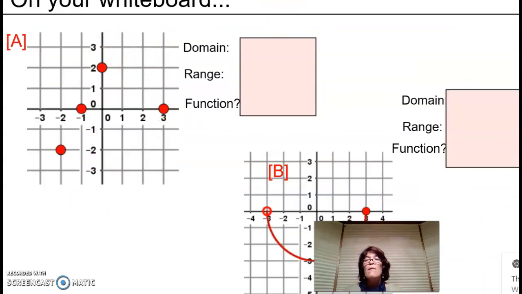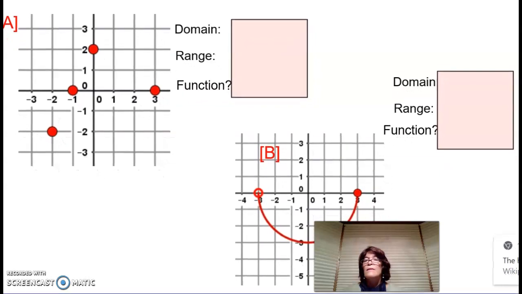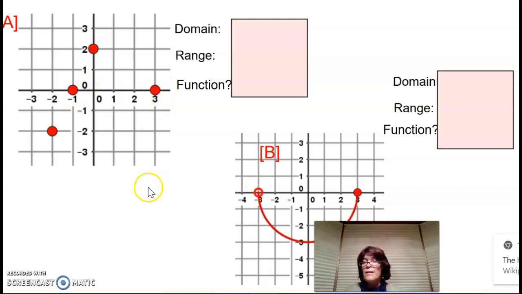All righty. So let's try this one. We have domain, looking at the x's, -2, -1. The x that goes with it is 0, right? It's 0, 2, and 3. The range, we're looking at the y's. It looks like -2 is my smallest y, 0, and 2.